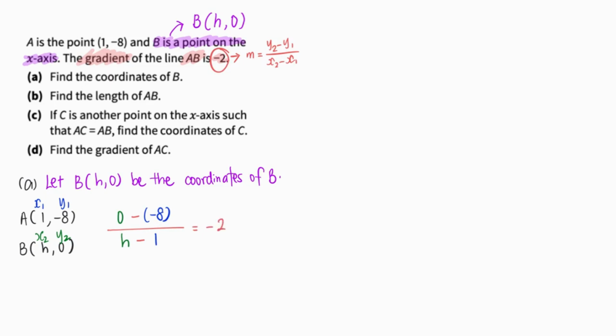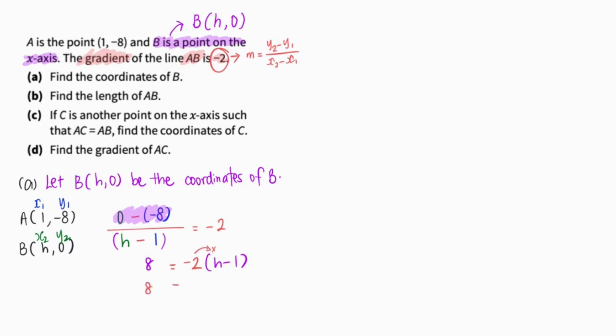Okay, so let's continue to solve. From here I will have 0 minus negative 8. This will give me a value of 8 over h minus 1. I'm going to multiply on both sides such that I will have negative 2 times h minus 1. Continue to solve.